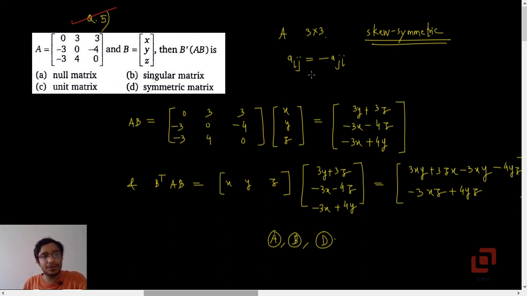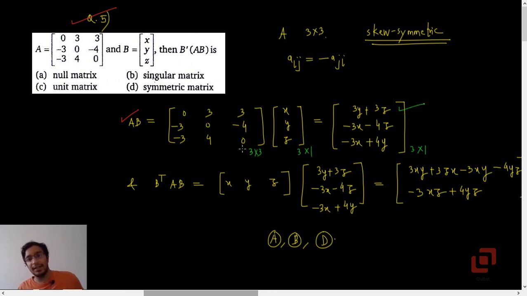So first what I've done is I have pre-multiplied matrix B by matrix A. If you do that, A is of the order 3 cross 3, B is of the order 3 cross 1, so you'll again get a column vector 3 cross 1. 0 into x plus 3 into y plus 3 into z, so 3y plus 3z.